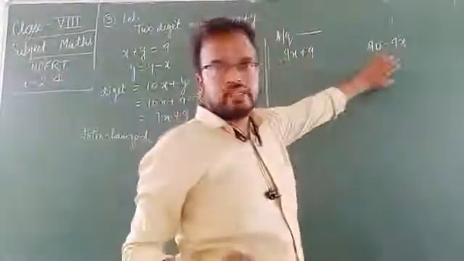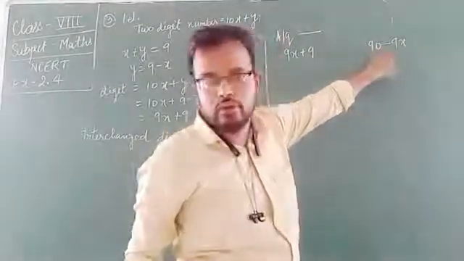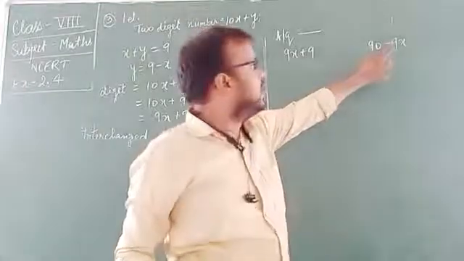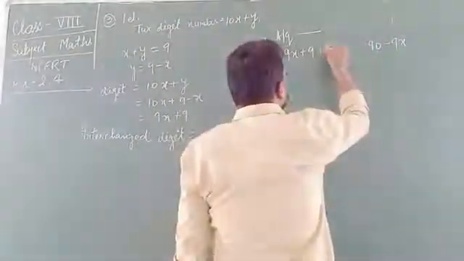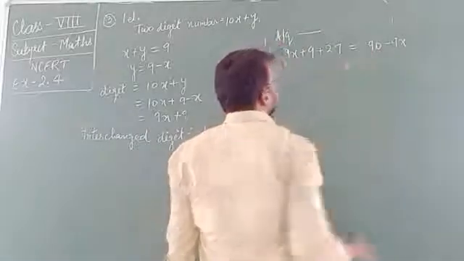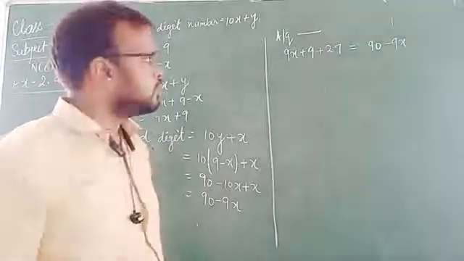When we interchange the digits, it is 27 more. And when it is 27 more, to make it an equality, 27 is added on this side. Okay? Understand?